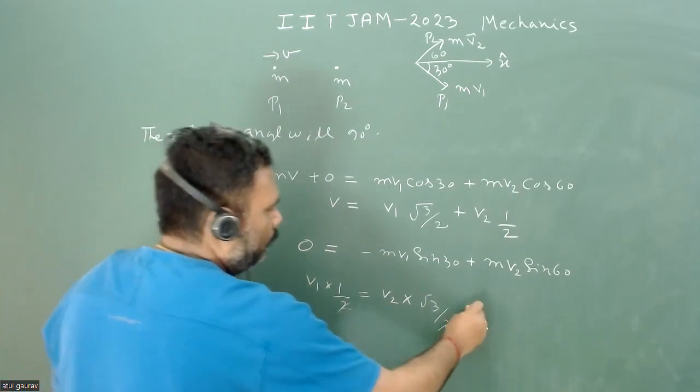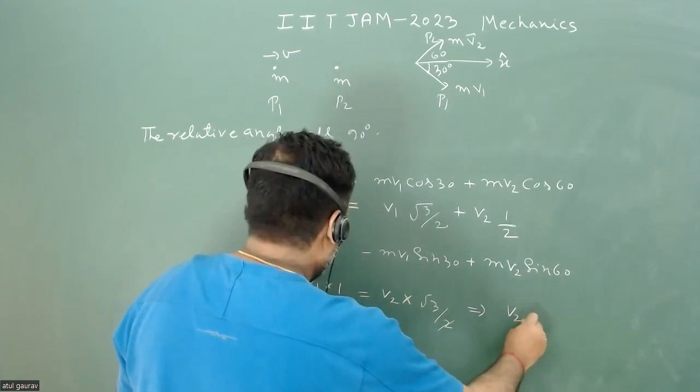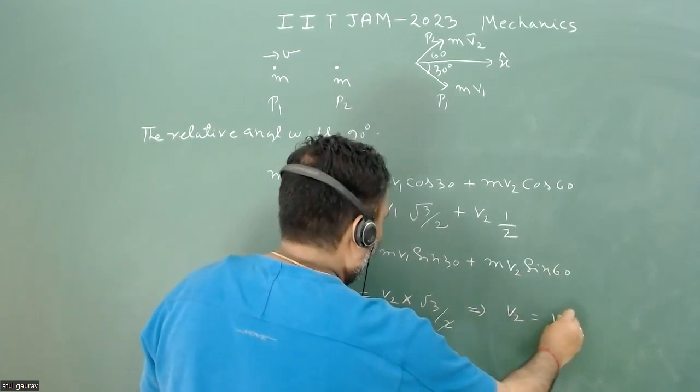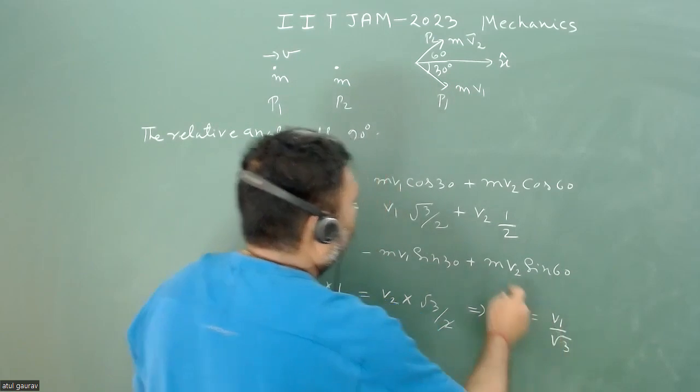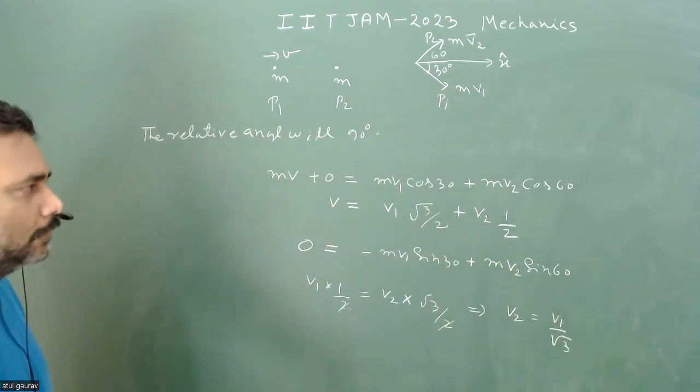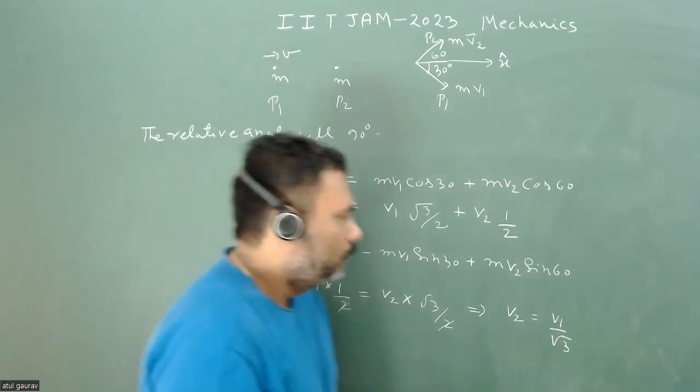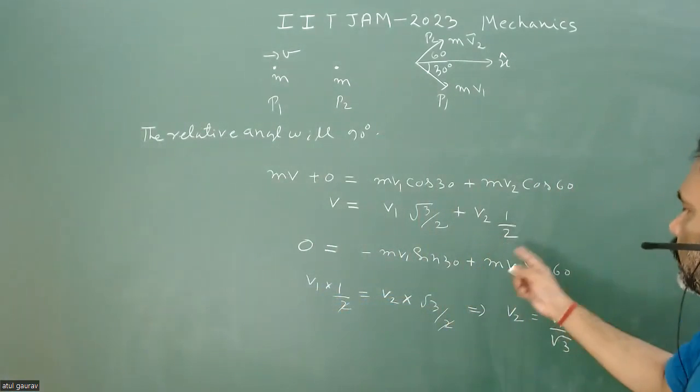From here we can easily say v2 equals v1 by root 3. Now we can put it into the first equation.